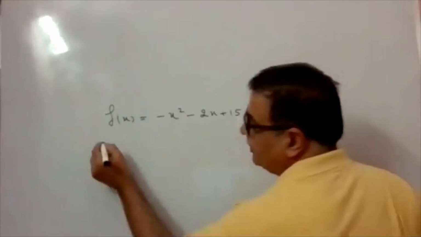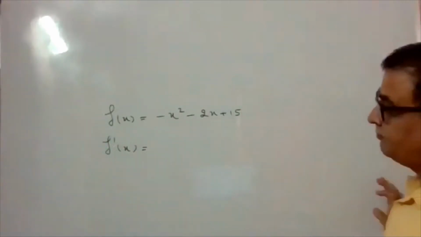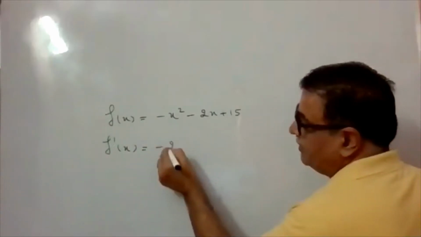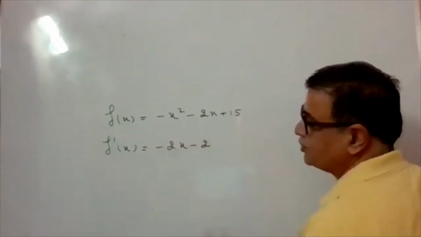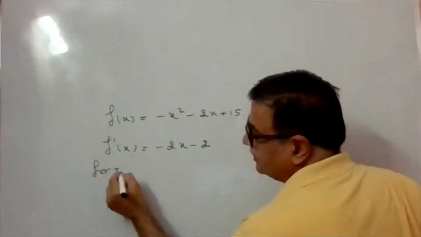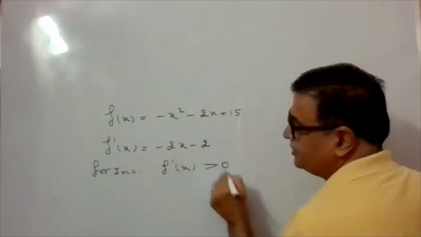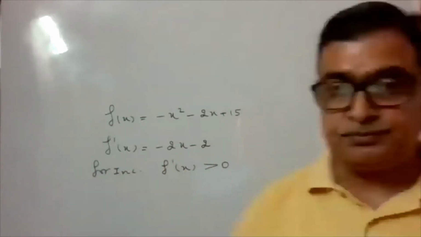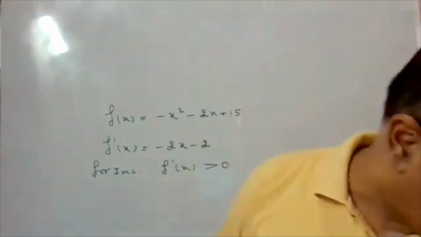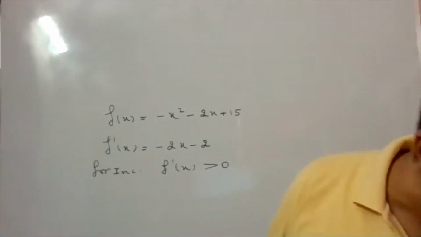So to get that, first I go for f dash x. When you do this, what derivative comes? Minus 2x minus 2. Then we write for increasing, we should have f dash x positive. Already I told you, a function is said to be increasing if f dash x is greater than 0.